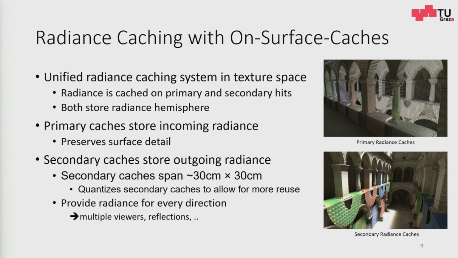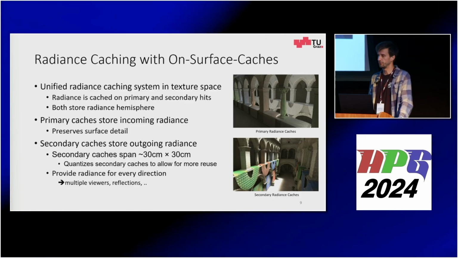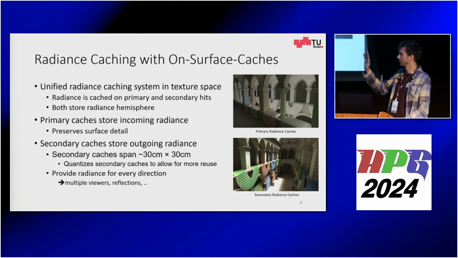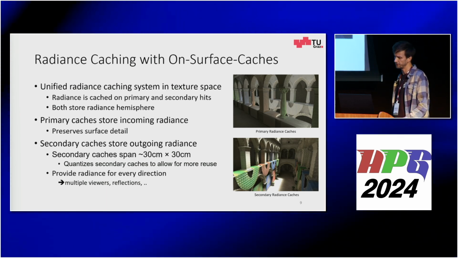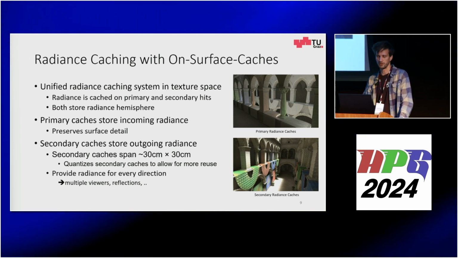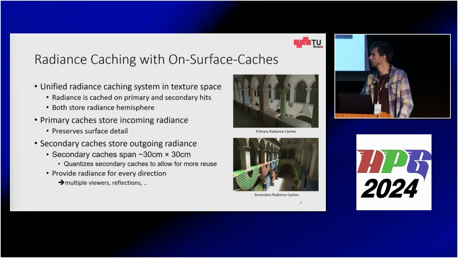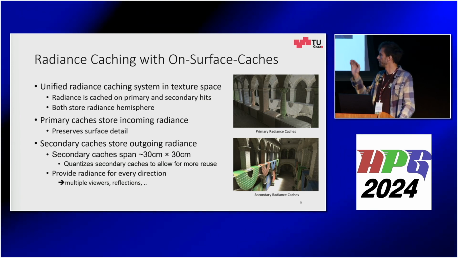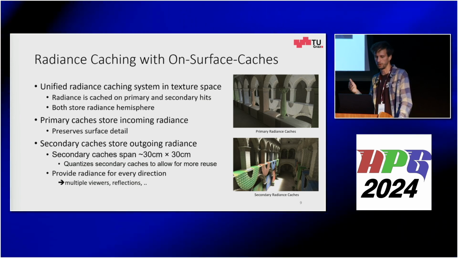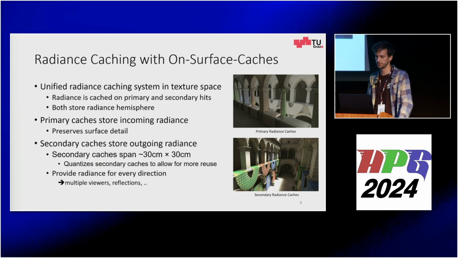For secondary caches, we want to quantize them to span a larger surface area. So we use, for example, around 30 by 30 centimeters. And this allows for easy reuse, because each ray which hits the surface will always interact with the same secondary cache.